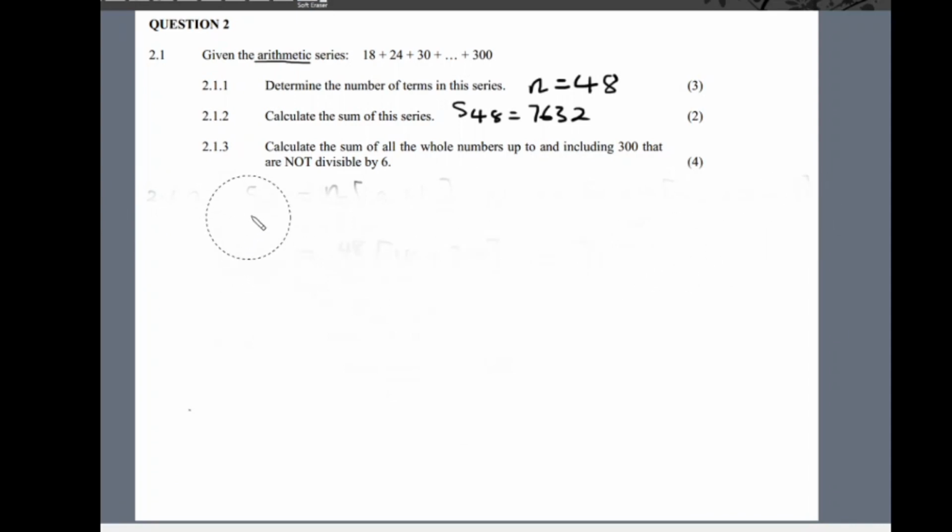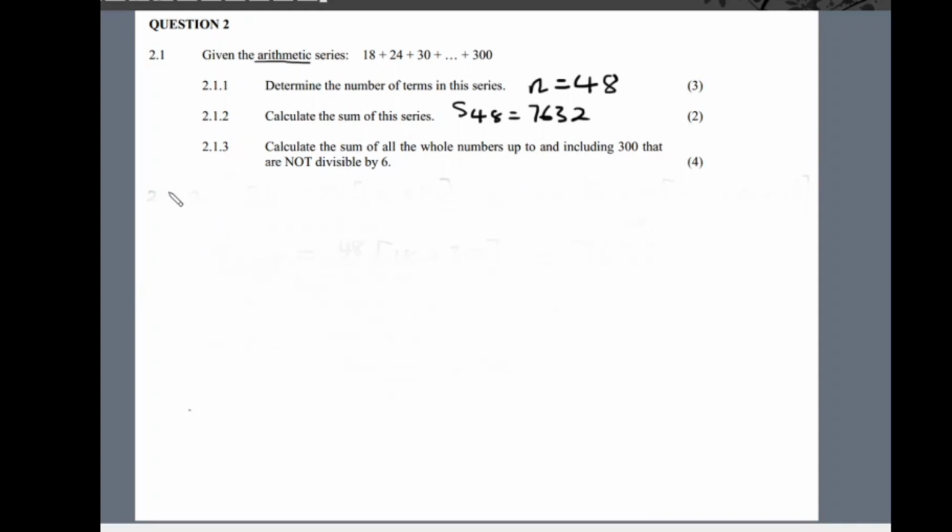So 2.1.3 says calculate the sum of all the whole numbers up to and including 300 that are not divisible by 6.